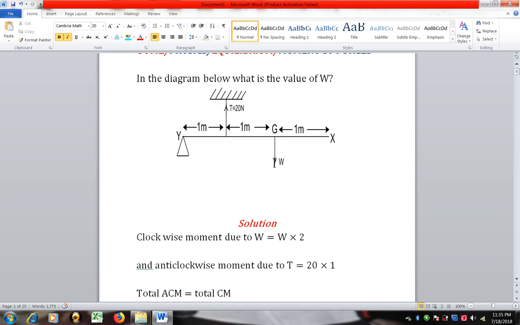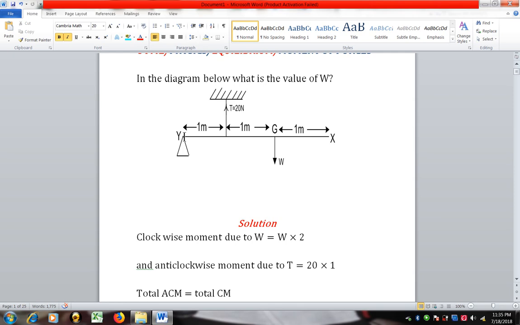when the body moves downward, then it generates clockwise moment, and that force is due to the weight of the body. So clockwise moment therefore is due to the weight of the body, and that is given by the product of the weight and the perpendicular distance between the weight and the fulcrum. So this is the fulcrum now. From this place to this place is the distance we are going to use.